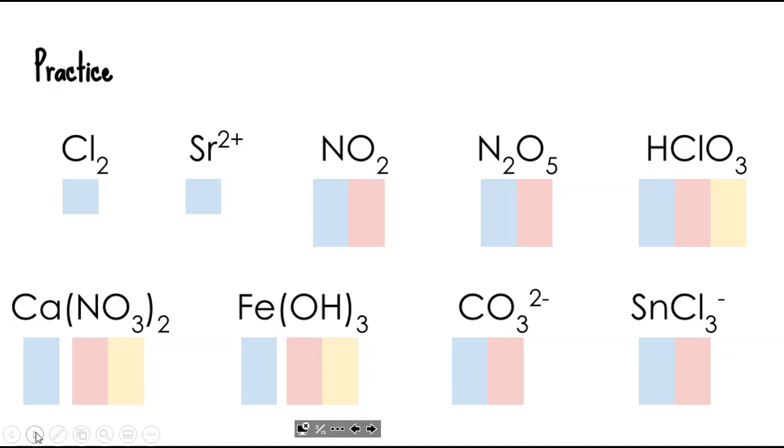Like, for instance, on all of these ones that have oxygen, like I just told you, they're all going to be -2s because none of these are peroxides. So we could go through and assign them all -2, like so. You can go through and assign the ones that you do know.